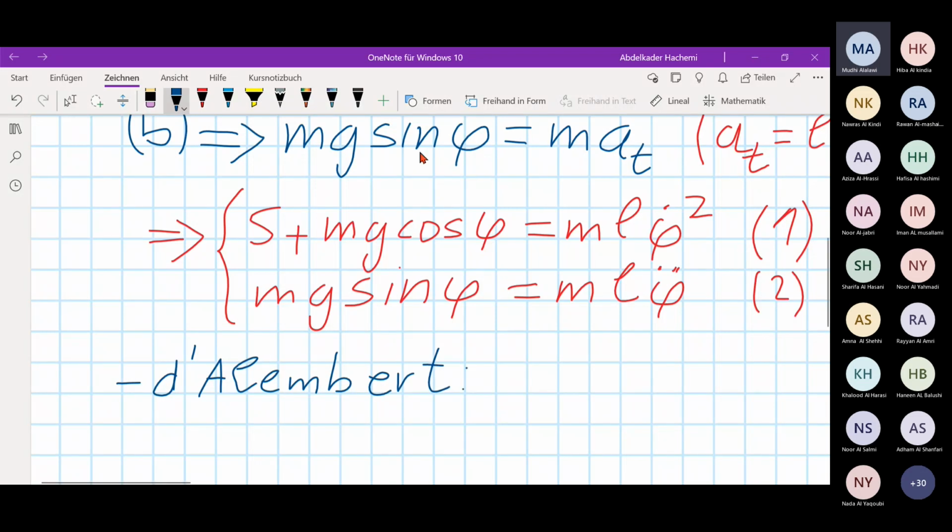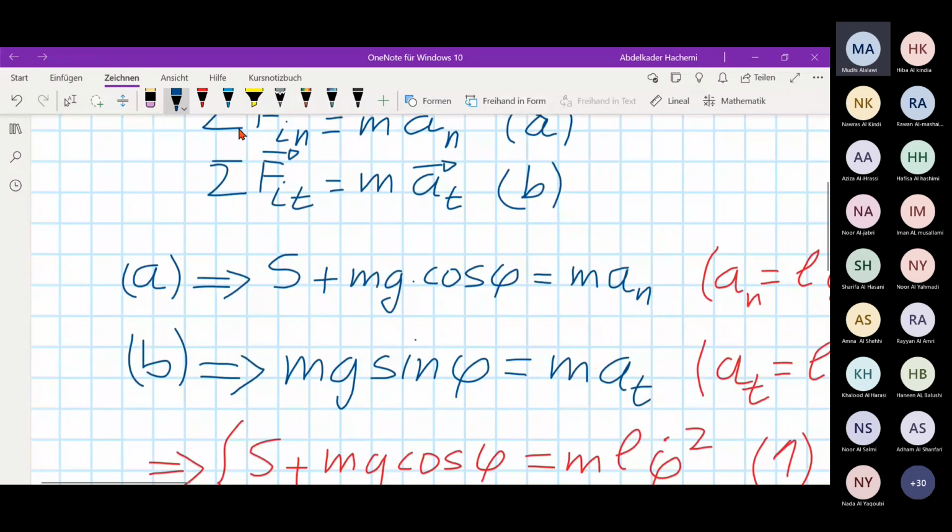With D'Alembert, we have the opposite. Instead of having the sum of the forces equal to the mass multiplied by the acceleration, we have the sum of the forces equal to zero.